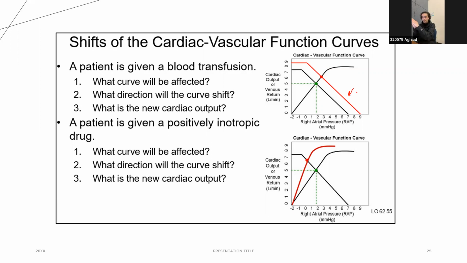Is that clear? It's just revision. So what direction will the curve shift? Up and to the right. What is the new cardiac output? It increases, but the cardiac function didn't change. It's the same. It's just that the heart is receiving more blood, so it pumps more blood. Is that clear?